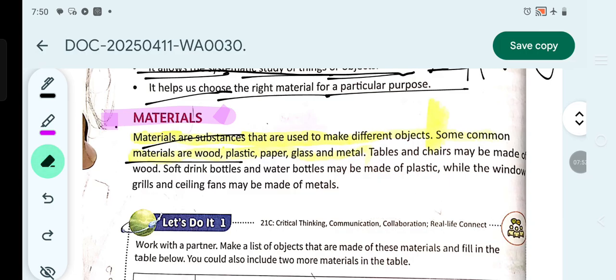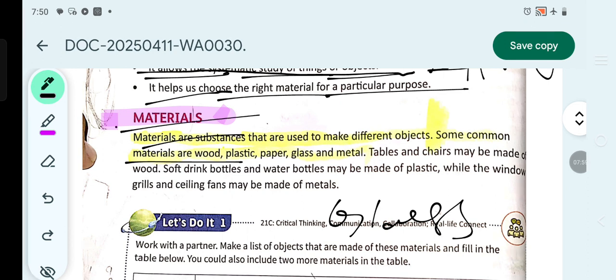Such as that, glass is also a material. It's not an object, it is a material, like you can see over here. And it is used to make window glass and the glass or the cup that you drink in. And metal. All of these, wood, plastic, paper, glass, and metal, are materials.